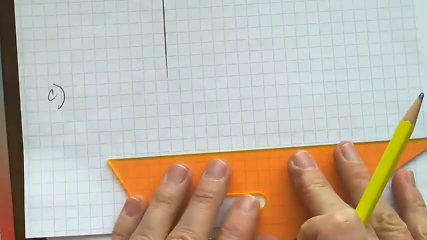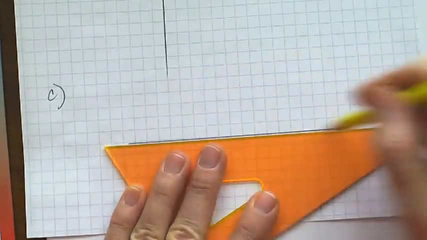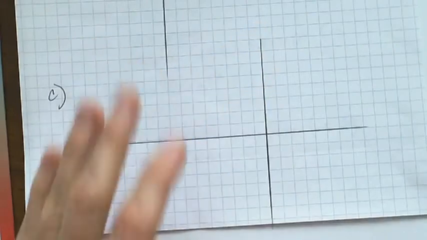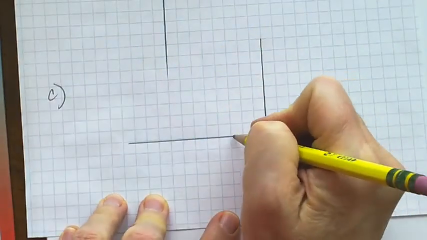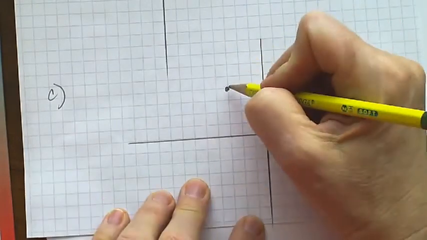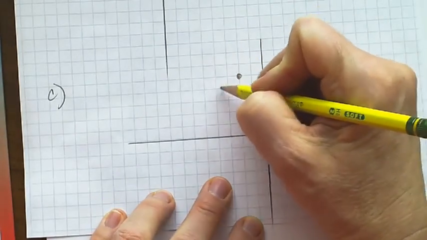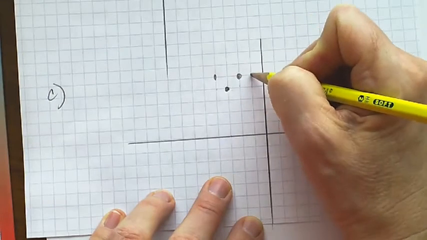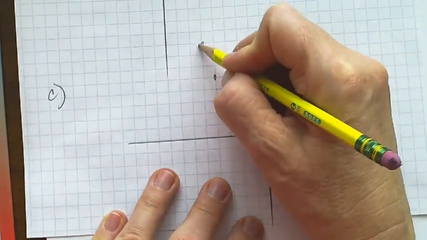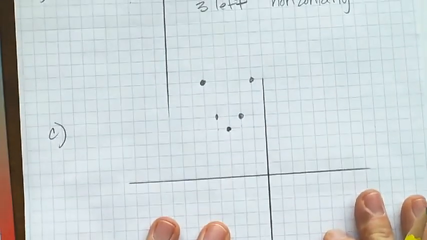So 3 to the left, 4 up would look like this. Okay, and I'm just going to go over 1, up 1 in each direction, over 2, up 4 in each direction, because that's what y equals x squared looks like.